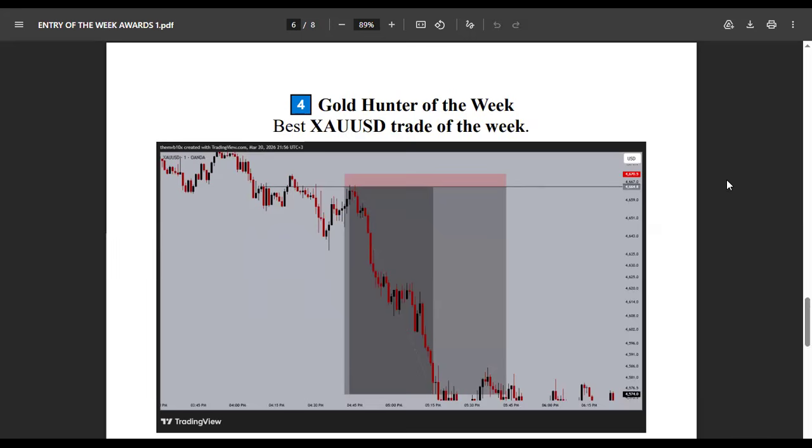First, it has to make a lot of pips, and it has to be a simple entry without many complications. And if it has zero drawdown, that is the best one. So it has to make a lot of money. So this was a gold trade and it was perfect. Let me show you how I took this trade.